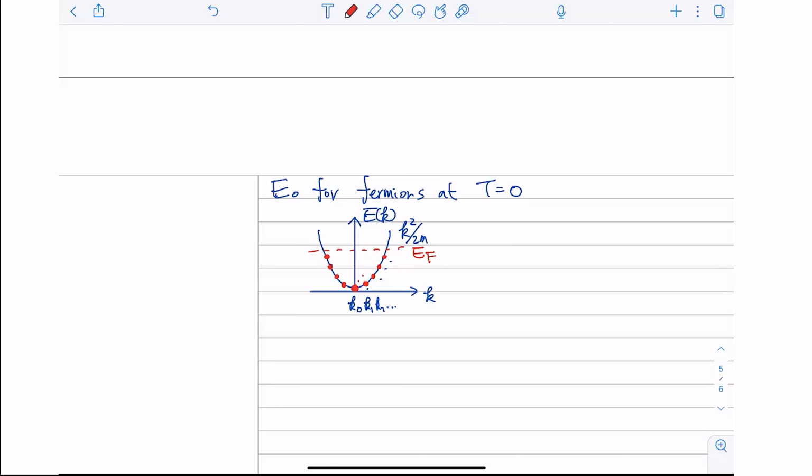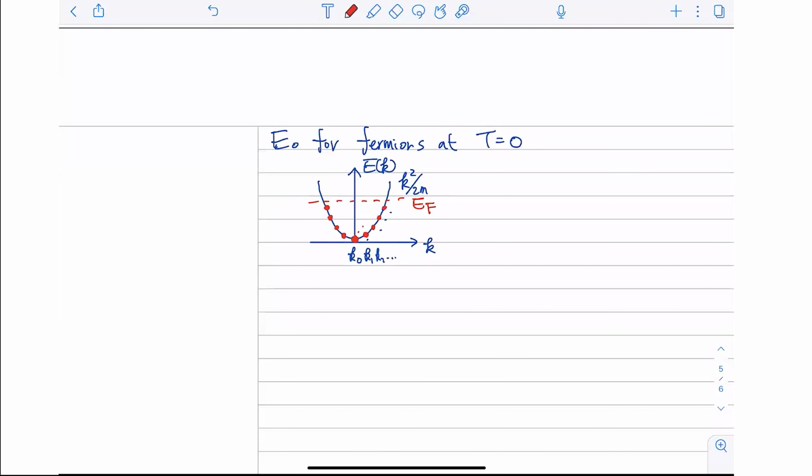Usually it is denoted E_F. So E_F is basically the highest energy, the highest filled energy.